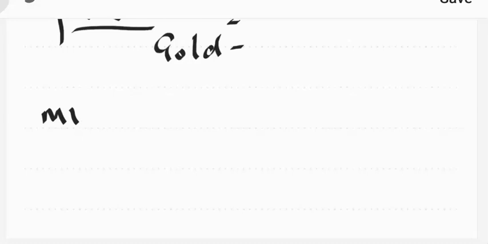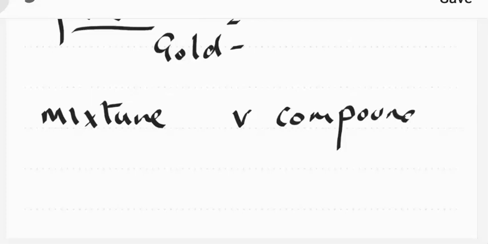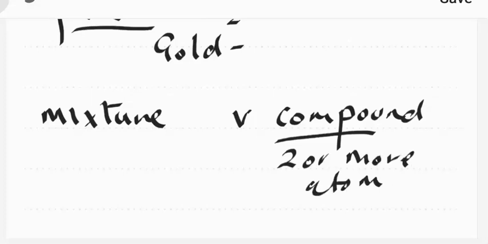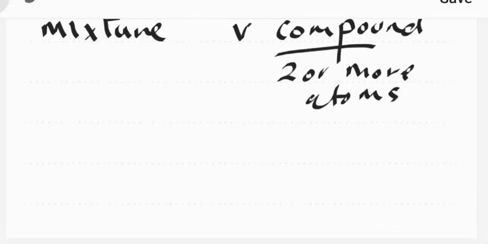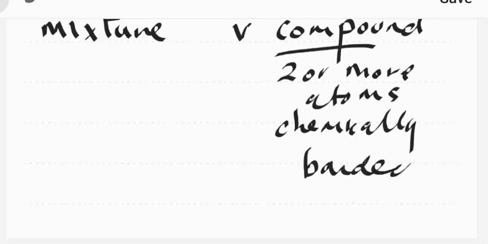A mixture, now what's the difference between a mixture and a compound? Again, please check the definitions, like I said, from BBC Bitesize. A compound is basically a substance that consists of 2 or more atoms that are chemically joined together, or I'll say chemically bonded, and we will look at this later on when we come to the bonding topic.